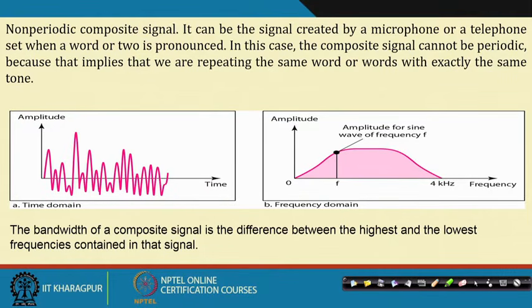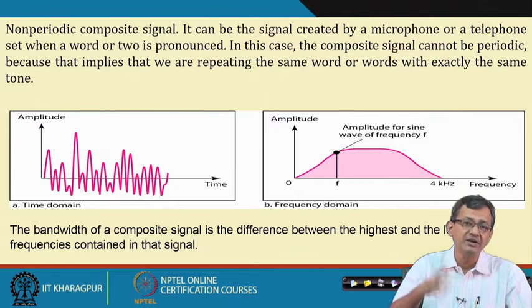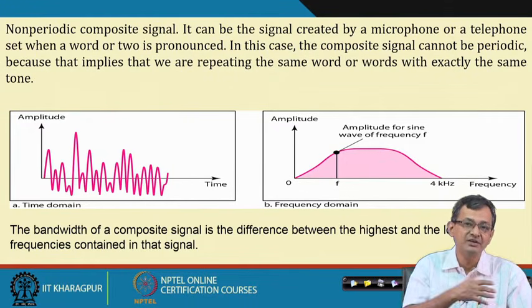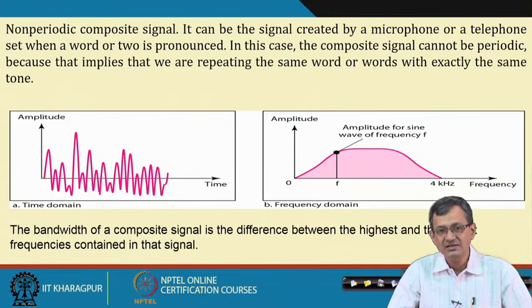So, those can be composite signals, and when 2 words are pronounced, in this case the composite signal cannot be periodic, otherwise the repeatability of the whole thing will come up. Usually the conversation is information exchange, so repeatability is much less, and they are not periodic, they are non-periodic.